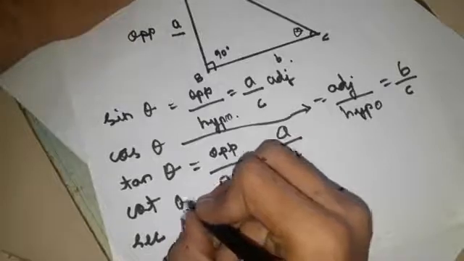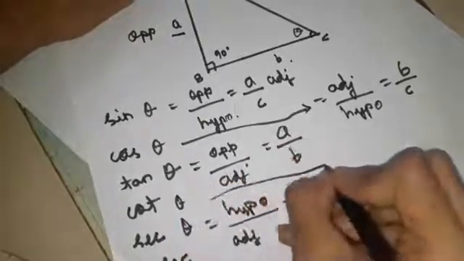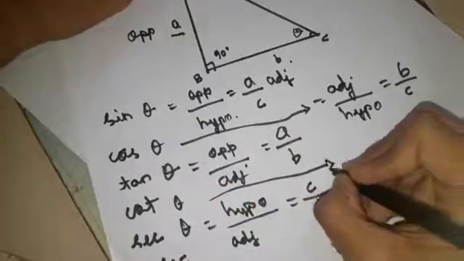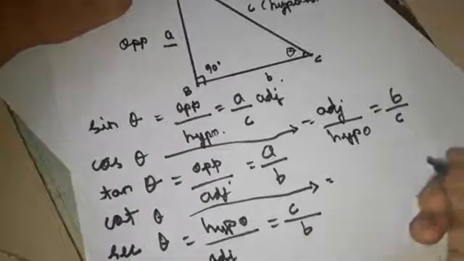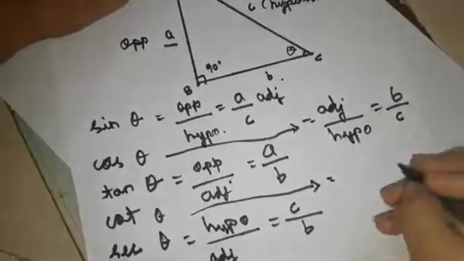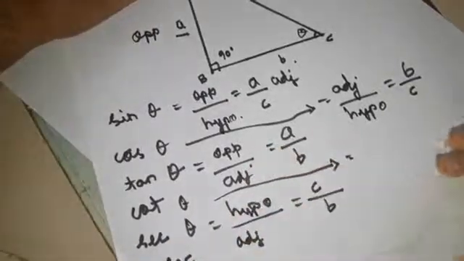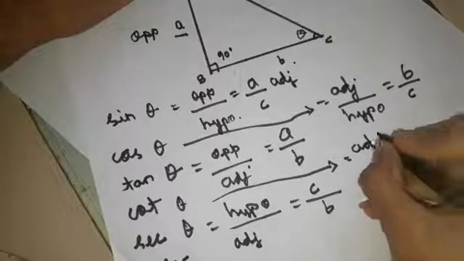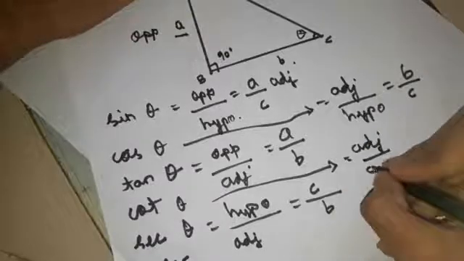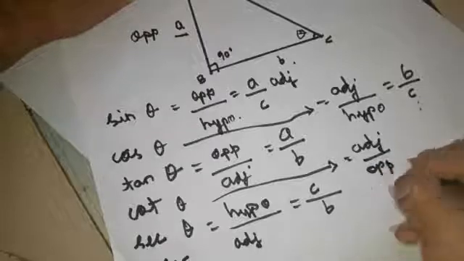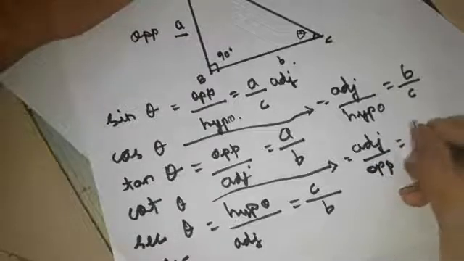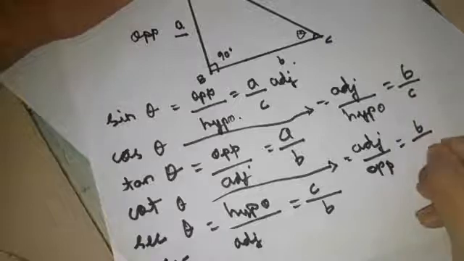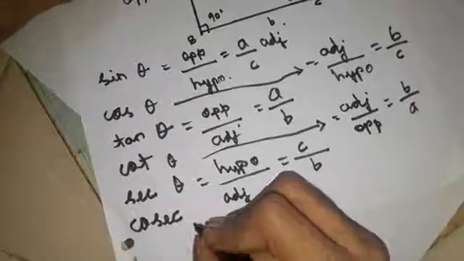Similarly, the cotangent ratio is just the opposite of the tangent ratio. Tangent was opposite upon adjacent, so cot is adjacent upon opposite. The adjacent side is small b and the opposite side is small a, so it is b upon a.